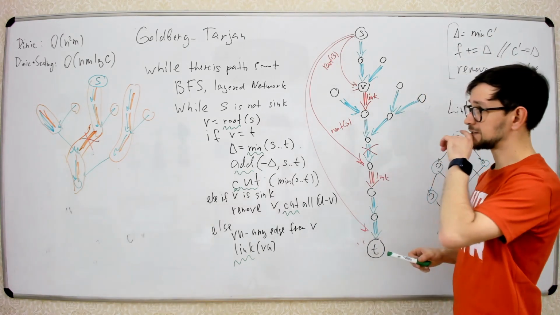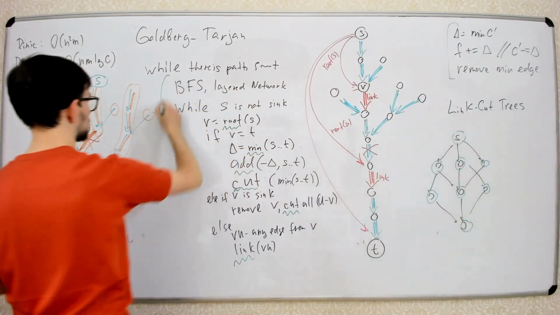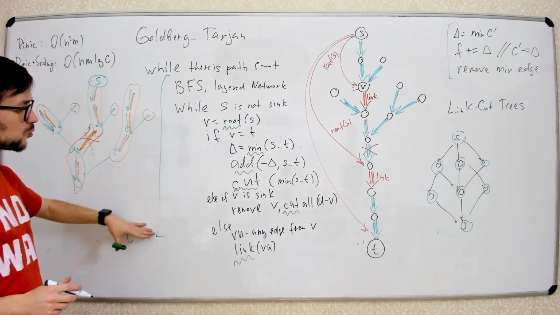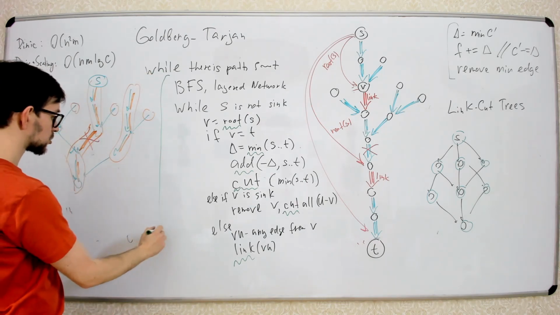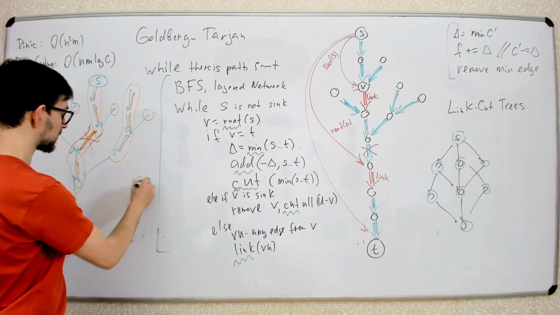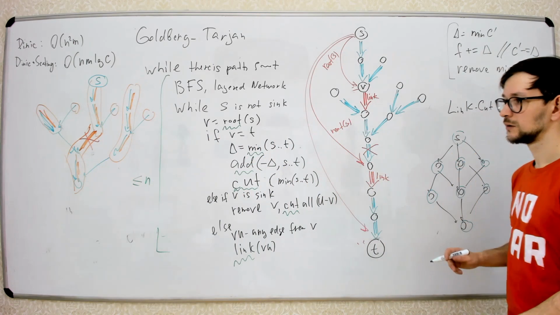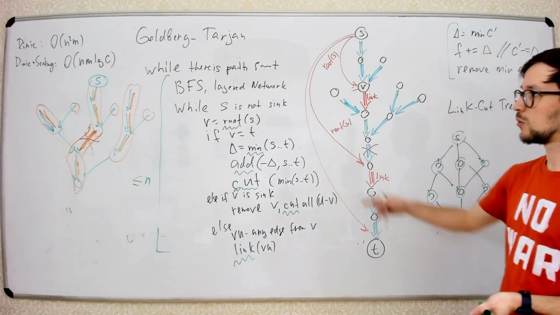Let's calculate time complexity. So what we're doing here, again, we have this outer loop. Again, like in Dinic's algorithm, exactly the same. In this outer loop, we calculate all the possible shortest paths of the same length. So this outer loop runs no more than n times, by the same reasons as Dinic's algorithm.